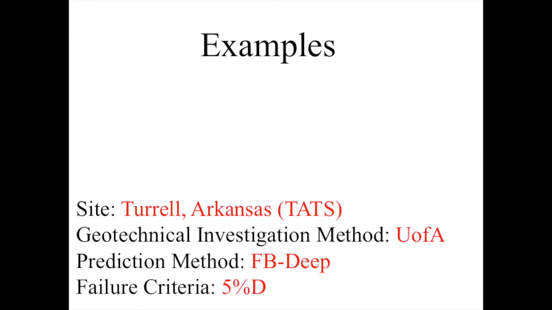All of the examples that are provided herein are for the Turl, Arkansas test site using geotechnical data from the U of A geotechnical investigation method and the FBDeep computer model to predict the capacity of the drilled shaft foundations. The considered failure criteria at which the bias factor values were calculated was 5% of the diameter of the drilled shafts, equal to 6.1 centimeters or 9.1 centimeters for the 1.2 meter diameter and 1.6 meter diameter drilled shafts, respectively.